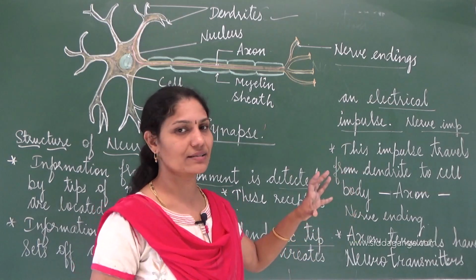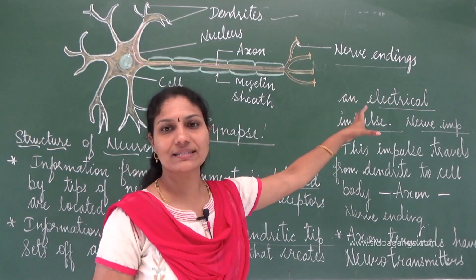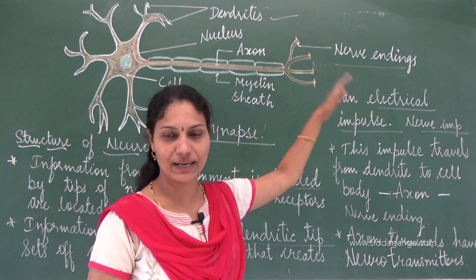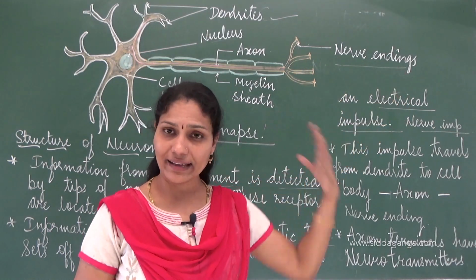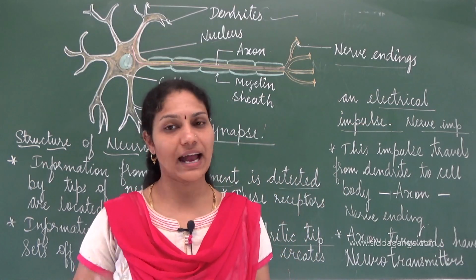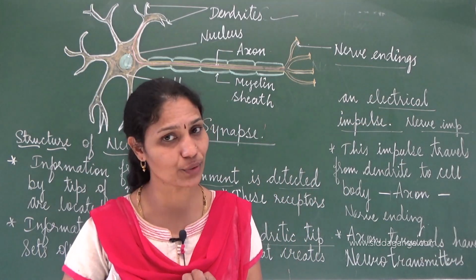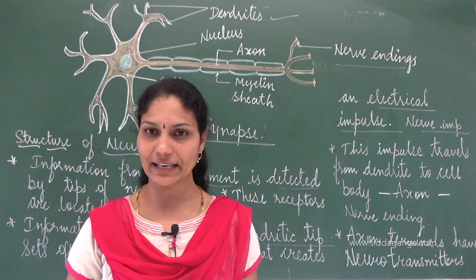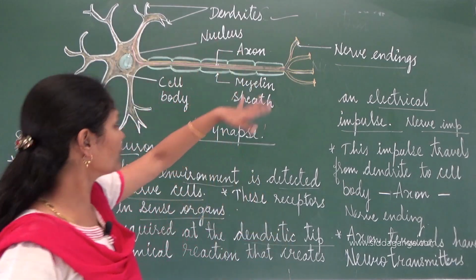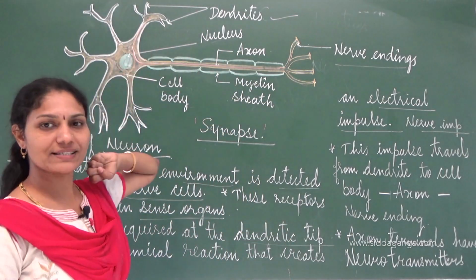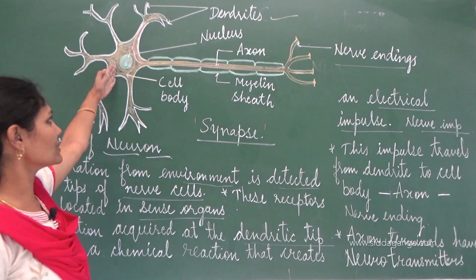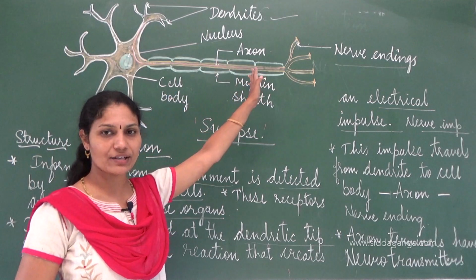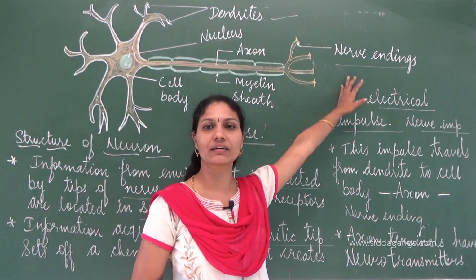These chemical signals pass through this synapse, pass through this gap between two neurons, and the dendrite of the other neuron again receives these signals and converts these chemical signals into electrical impulses again. The dendrite of the another neuron receives electrical impulse again, and the same thing happens. The impulse travels to the cell body, travels through the axon, and also travels till the nerve ending.